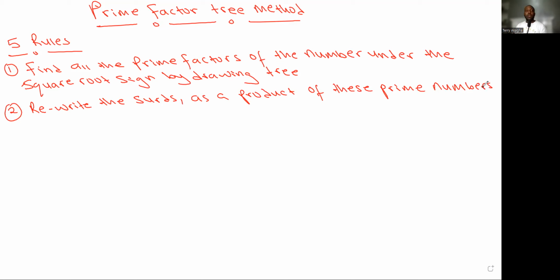Then, when you've written that, the next step is to break this product of prime numbers into single surds by applying the laws of surds. That's the product law.